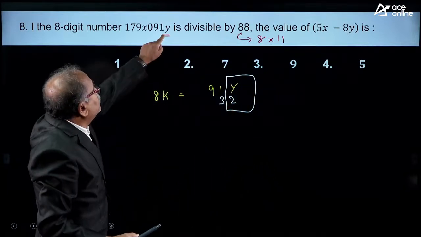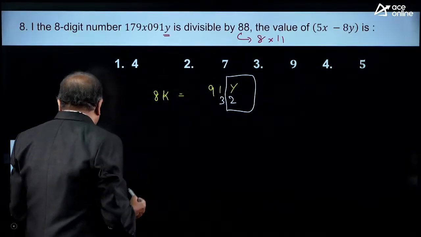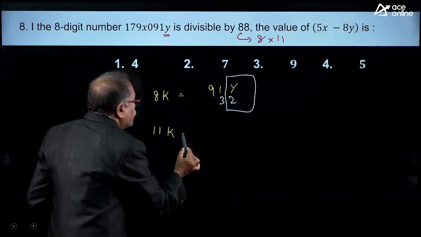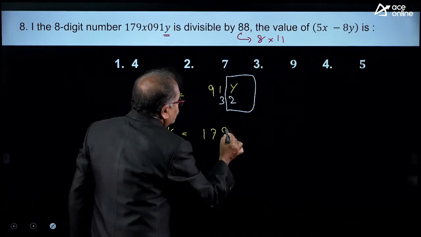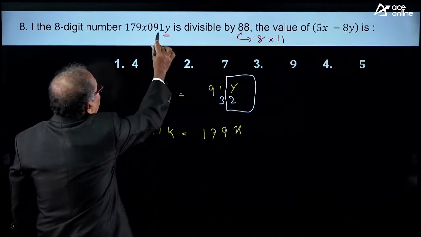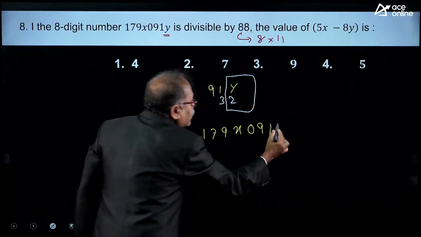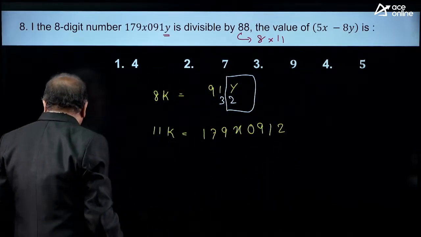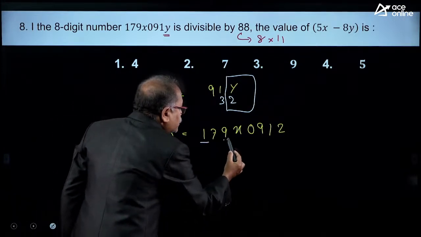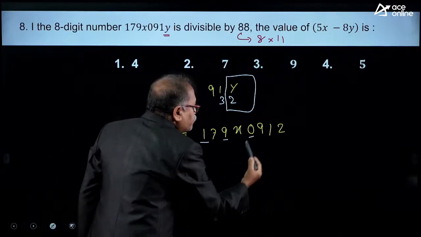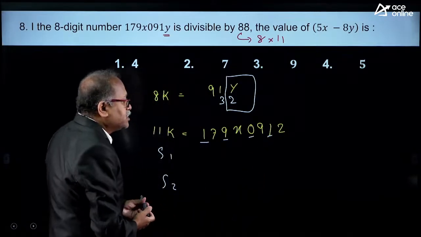Now I will place the 2 over here and check the divisibility rule of 11. Looking at the number, it is 179x0912, with y as 2. Take S1 and S2. S1 is 1 plus 9, 10, 10 plus 0 remains 10, plus 1 gives us 11.